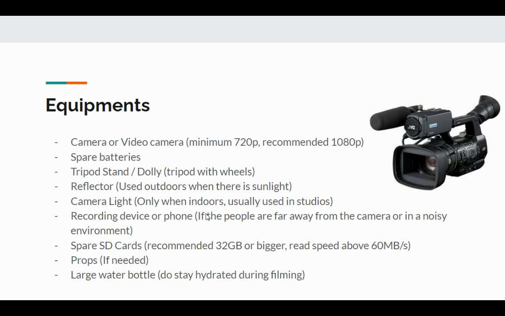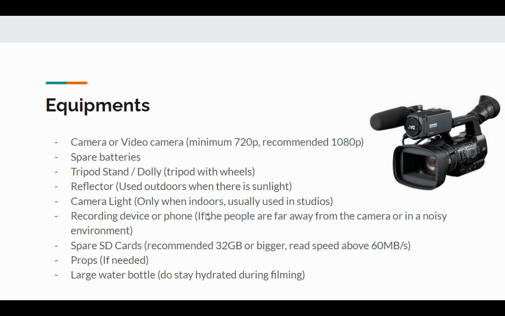Equipment. Now, it would be something that I don't even need to tell you that you need a camera to film. Yes, everybody knows you need a camera to film. But these are all the things that you could have considered. Right? Just recognizing you don't need all of them for any particular project, but you have to see according to what you're filming, how long you're filming, and where you're filming.